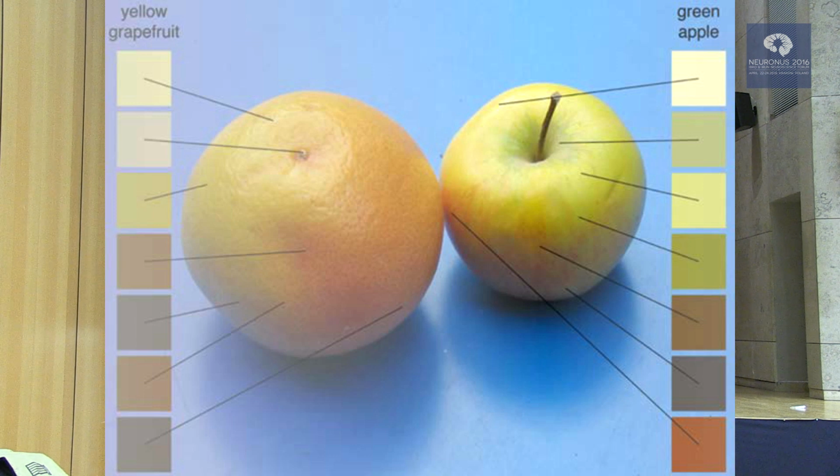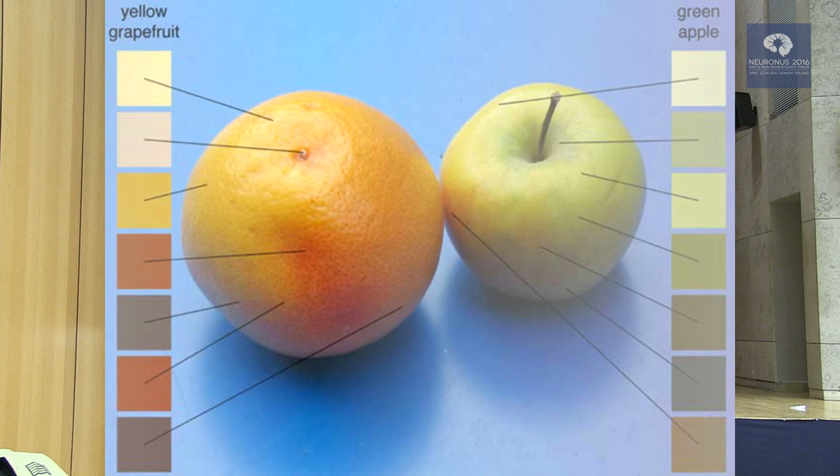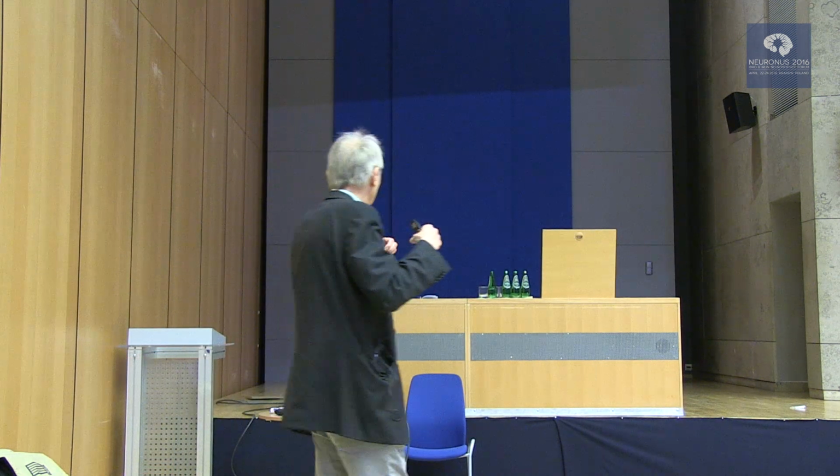But still, we don't want the grapefruit to appear green when we look at it in the periphery, and then when we make a saccade from here to there, suddenly change its color to its yellow tone again. And the same way, of course, for the apple here. So we want our perception to be stable and uniform across the visual field.